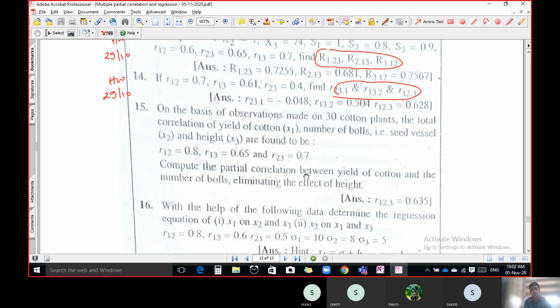Compute the partial correlation between yield of cotton and number of balls.